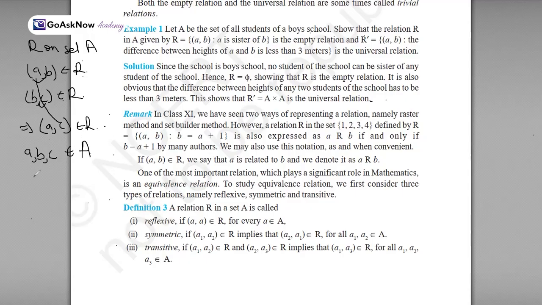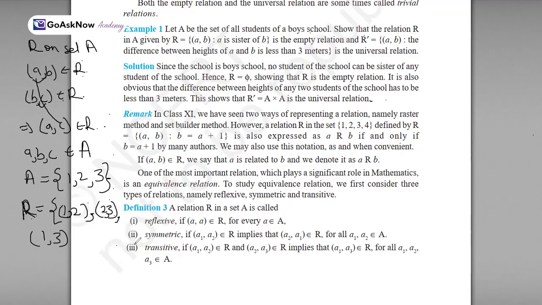I will tell you an example of this. Suppose I have a set A which contains the elements 1, 2, 3, and a relation R on set A itself, given as (1, 2), (2, 3) and (1, 3).